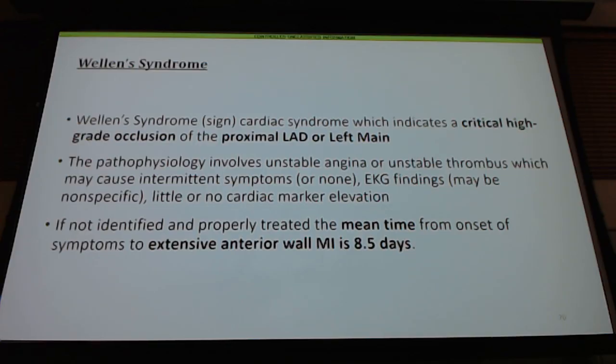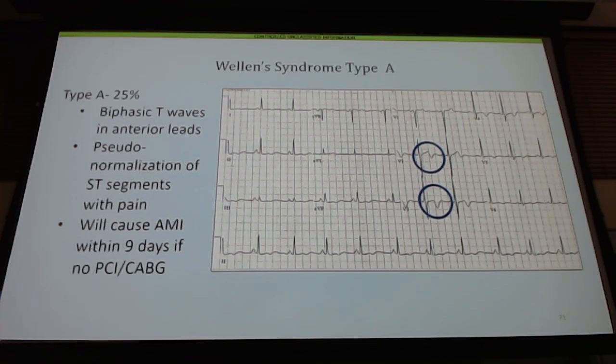Now you have no perfusion to the left anterior descending and no perfusion to the left circumflex. And this is Wellens syndrome when this occurs, where you have a critical high-grade occlusion of the proximal LAD or the left main coronary artery. To the point where if you see this on an EKG, they potentially have 8.5 days before they're going to have a massive MI.